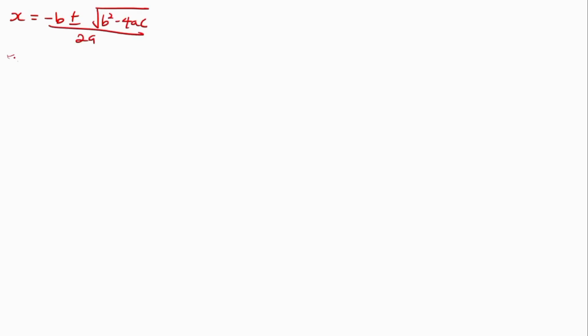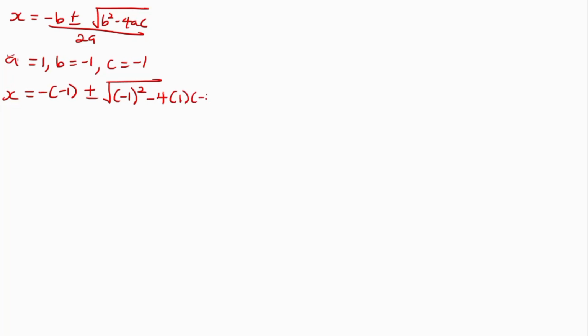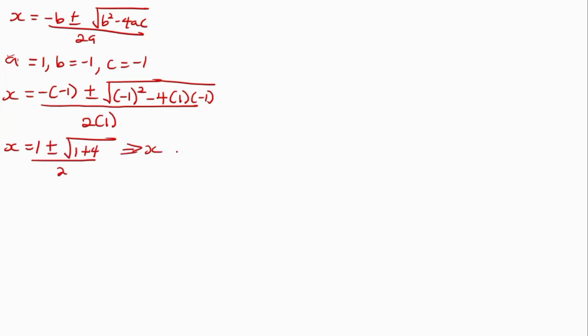So putting this into the equation, we have x is equal to minus negative 1 plus or minus the root of negative 1 all squared minus 4 into 1 into negative 1, all over 2. So x is equal to minus negative 1, which gives us 1, plus or minus the root of 1 plus 4, over 2, and we have that x is equal to 1 plus or minus the root of 5, over 2.